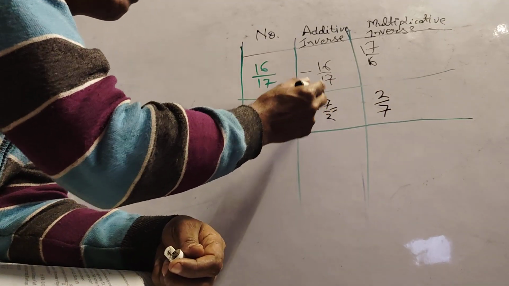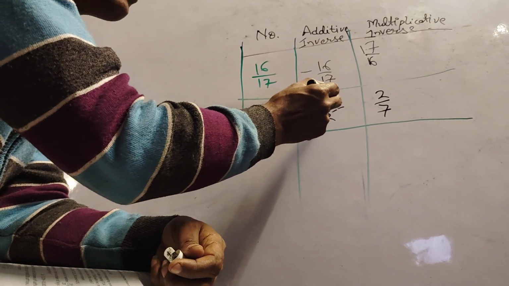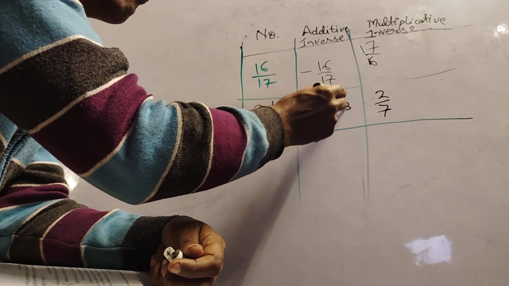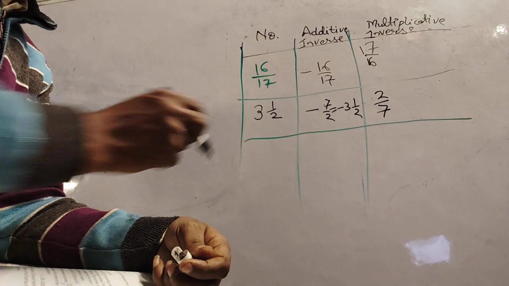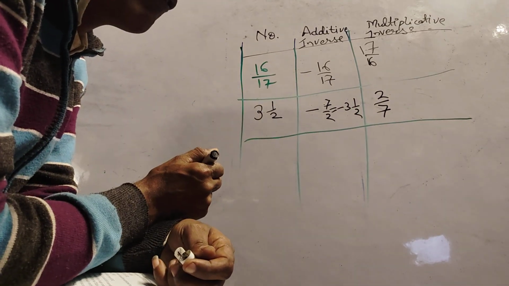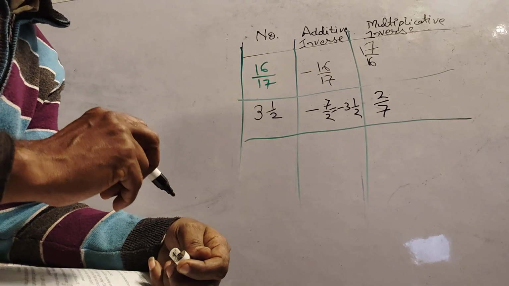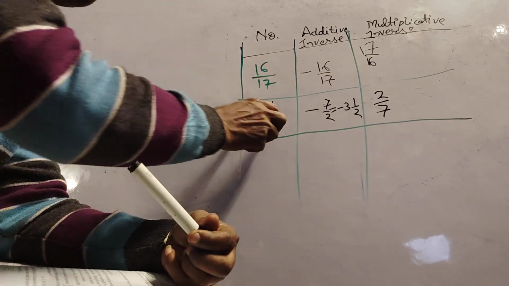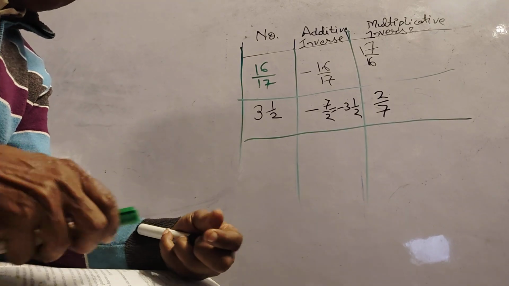When we convert this additive inverse into a mixed fraction, we get negative 3 complete 1 over 2. So we write the mixed fraction as it is, but the sign is opposite.